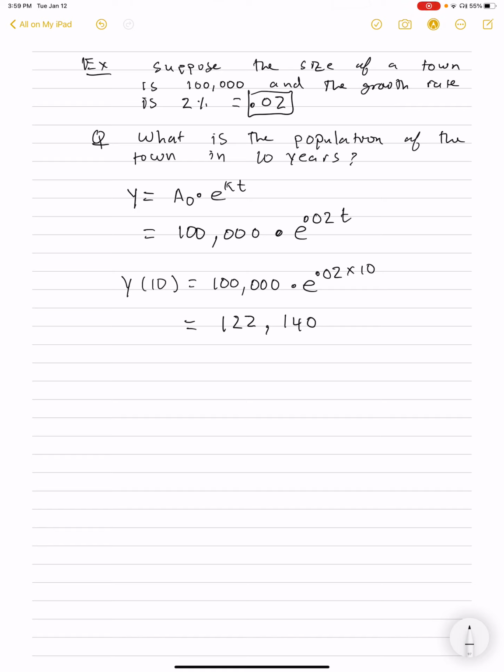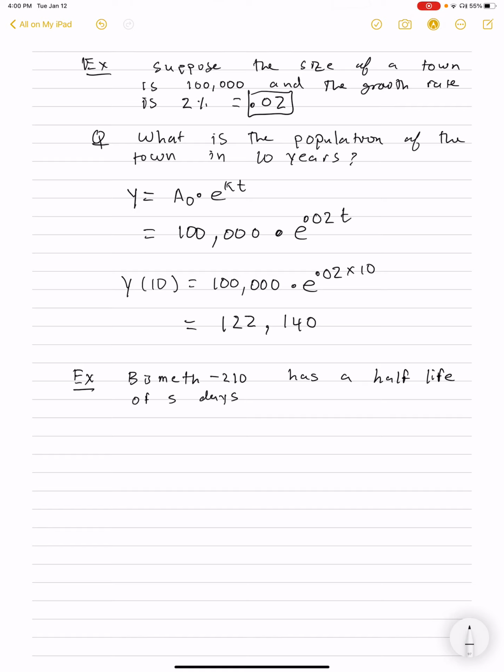Let me give you another example. So it says that bismuth 210, which is an isotope, has a half-life of 5 days.